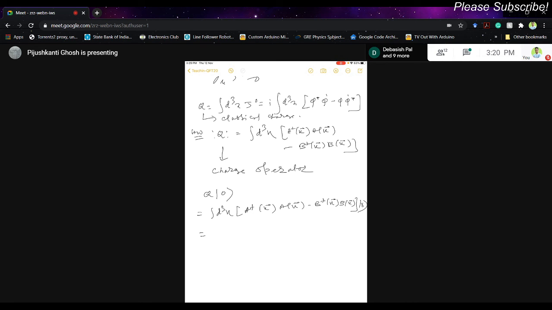It will be zero, sir. Why? Because this acting on zero gives zero, and b acting on zero also gives zero. Okay, so this is equal to 0. So vacuum has no particle, and consequently it has no energy, no linear momentum.